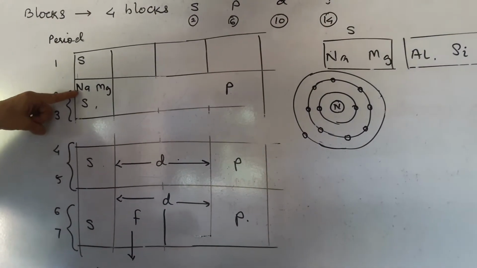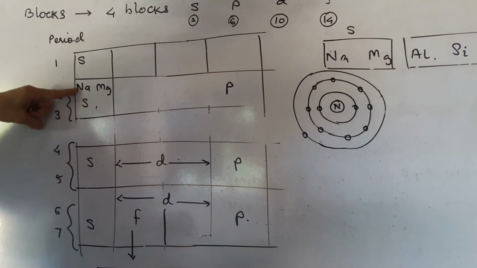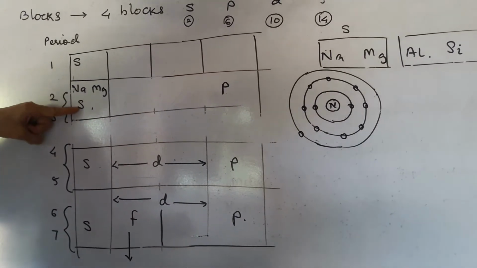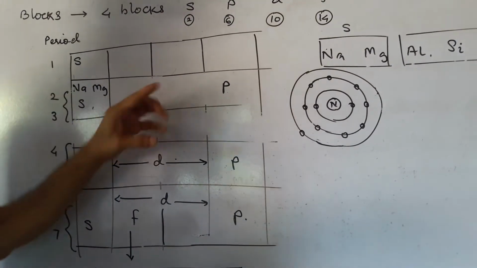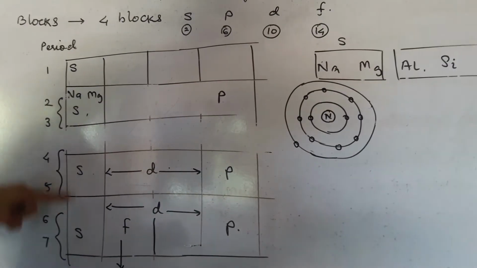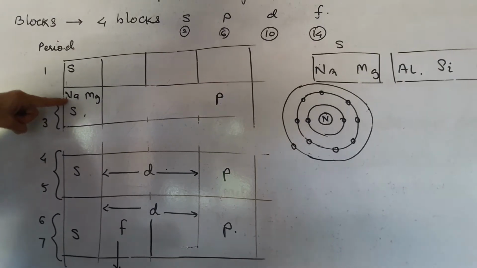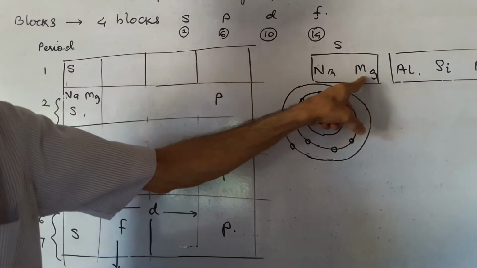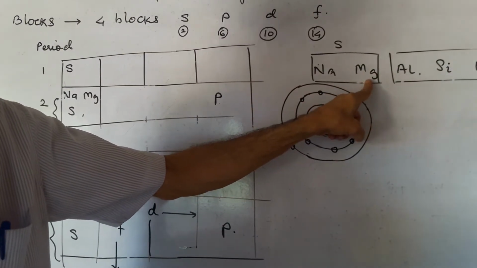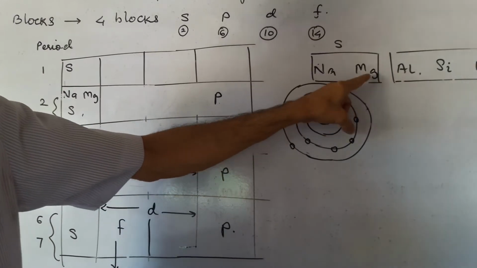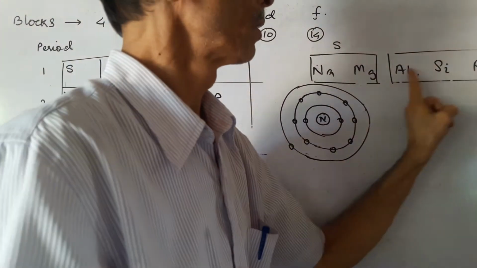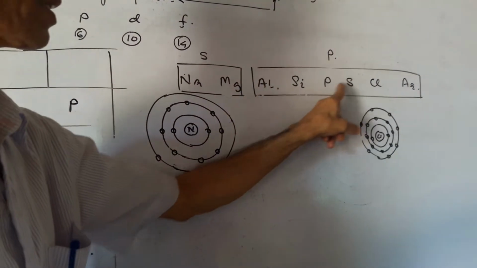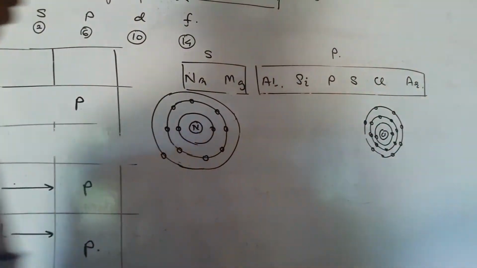Alkali means bases, but bases that dissolve in water are called alkalis. So we know sodium hydroxide, potassium hydroxide. All these are important alkalis, and these alkalis dissolve in water, and that's why they are called alkali metals. The second group is called alkaline earth metals, because these metals are found in the earth. Then the next group comes, the P group: aluminum, silicon, phosphorus, sulfur, chlorine, and argon.